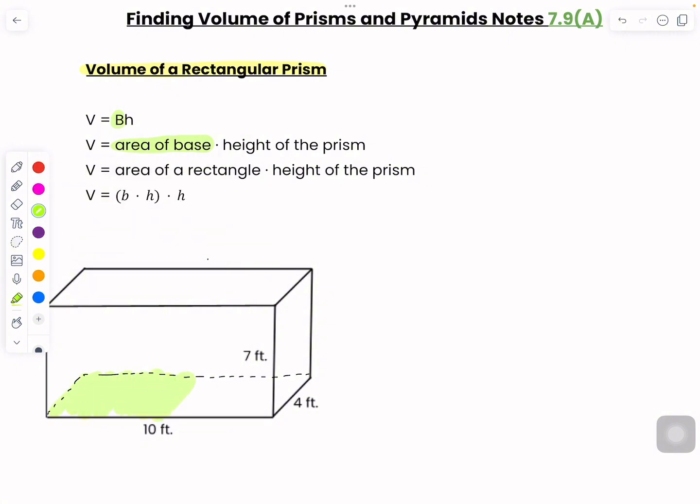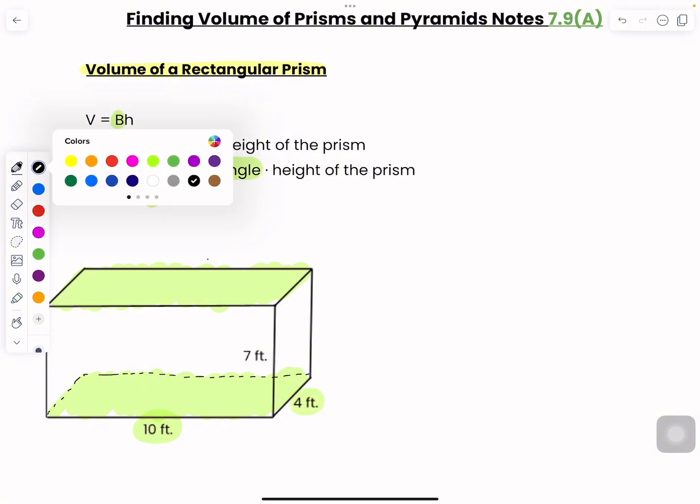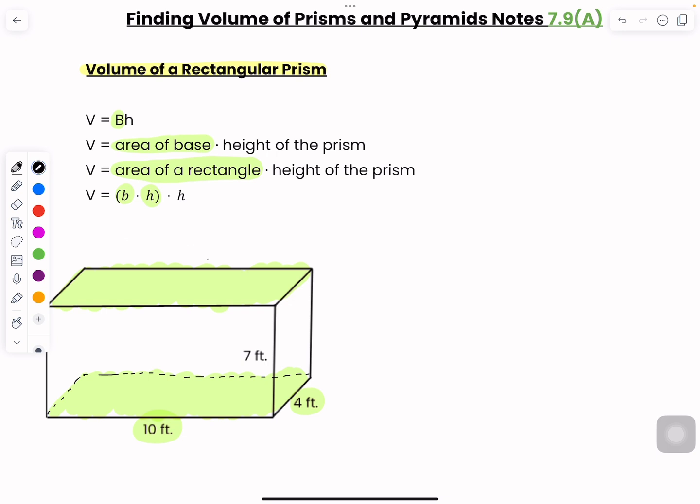And we know that the bases in a three-dimensional figure are equal and opposite from one another. So when we're looking at the formula for the area of the rectangle, we know that the base is 10 feet and the height is 4 feet. So let's go ahead and plug that in.